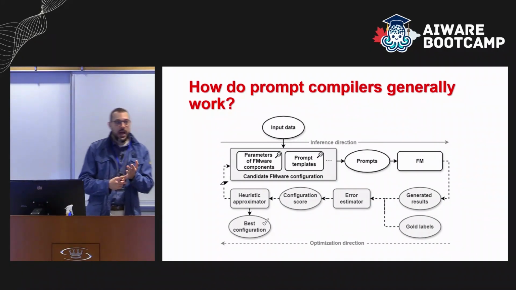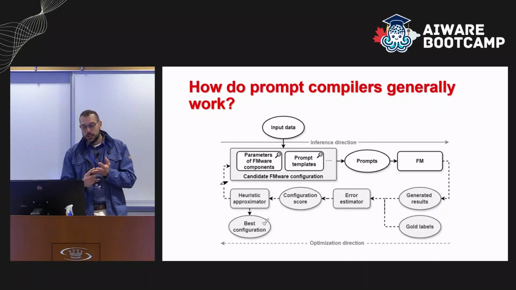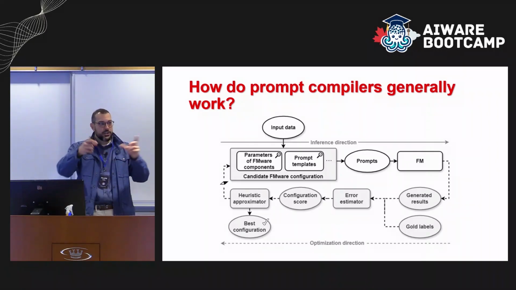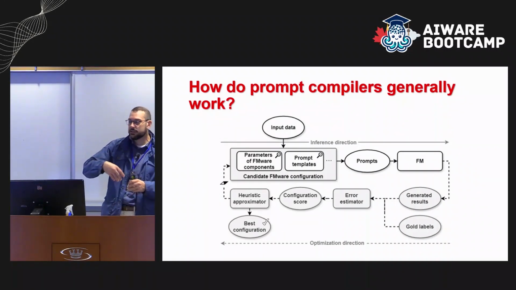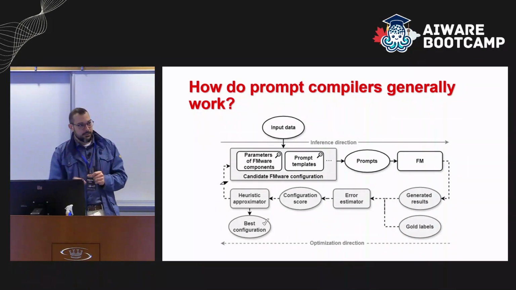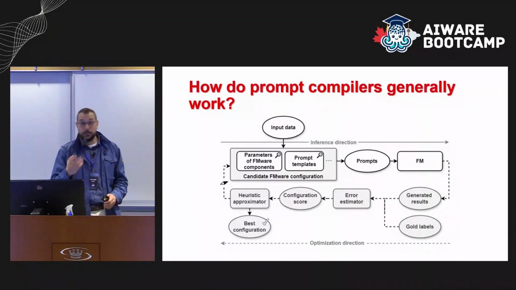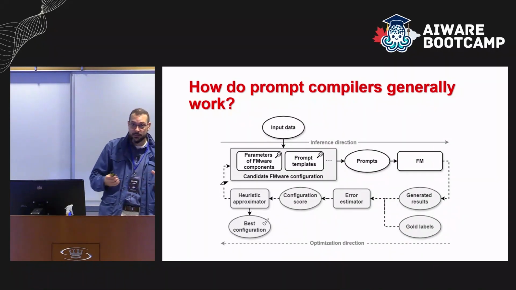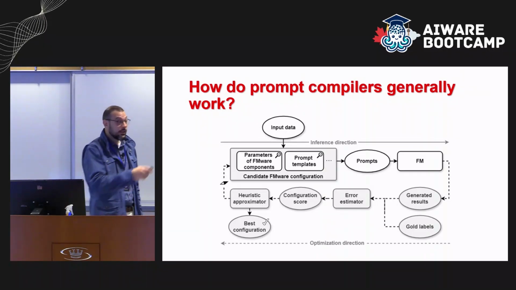You have parameters of the FMware components. Could be, for example, the hyperparameters of your RAG. Could be the hyperparameters of your agents architecture, like the number of agents, how the agents organize themselves, if you have a memory component or not. Any parameter that can be optimized, and that you want to check how a new prompt will affect, will be here.